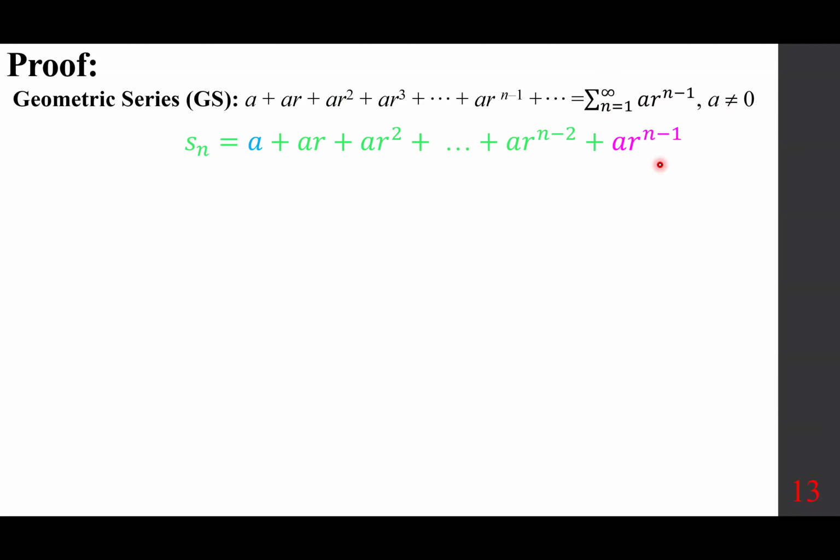Let's multiply both sides by r. So this becomes r s sub n, this becomes ar, this becomes ar squared, this becomes ar cubed, this becomes ar to the power of n minus 1, this becomes ar to the power of n.